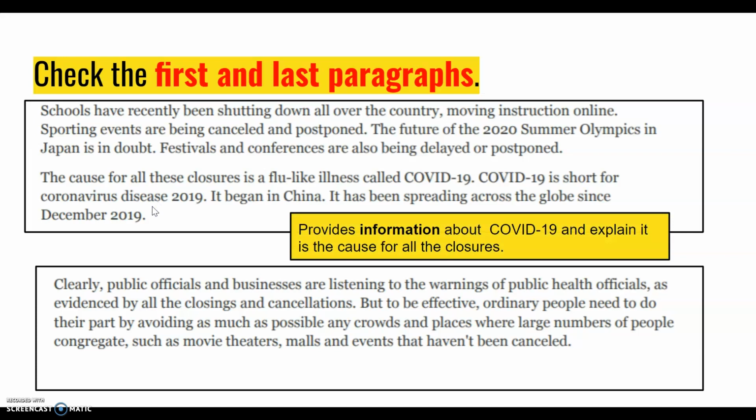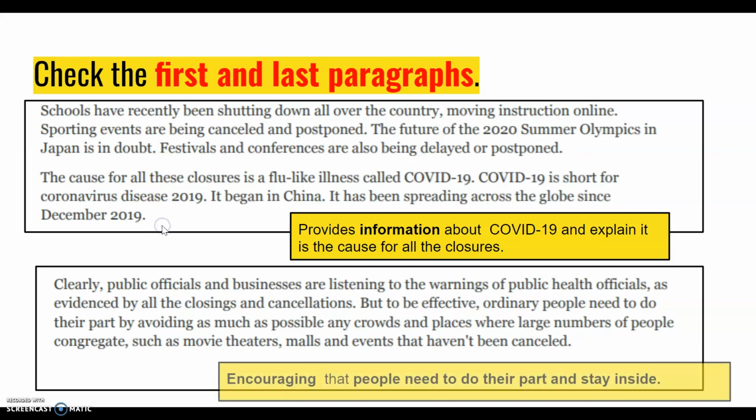Well, as you can see in these first two paragraphs of the text, the author provides me information about COVID-19 and explains that it's the cause for all of the closures. And in the last paragraph, it's encouraging that people need to do their part and stay inside.